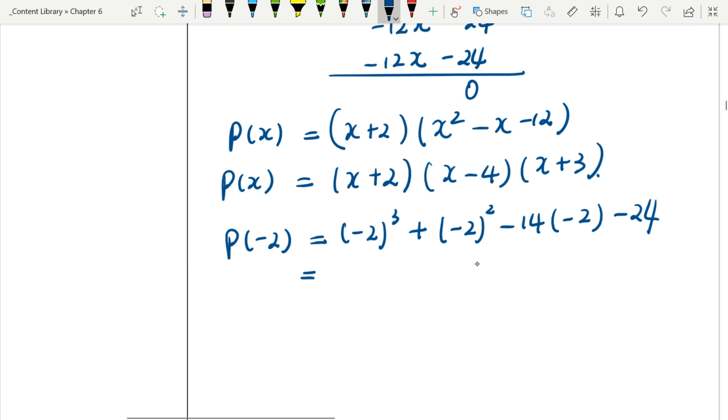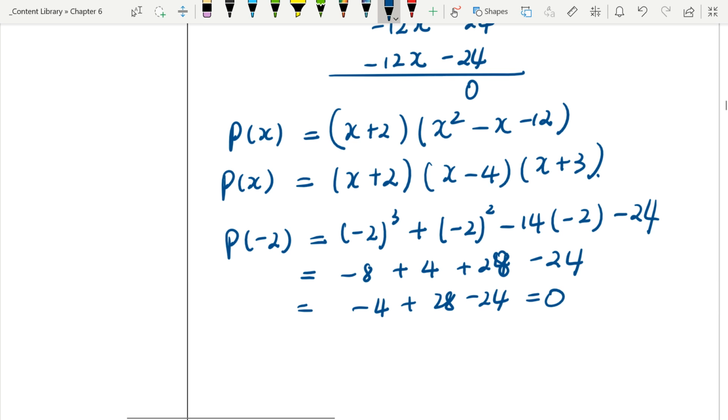So this is minus 8 plus 4 plus 28 and minus 24. 28 minus 24, and you can see that's a 0. Here, that's a 0. The special thing we see is we get a 0 as well.